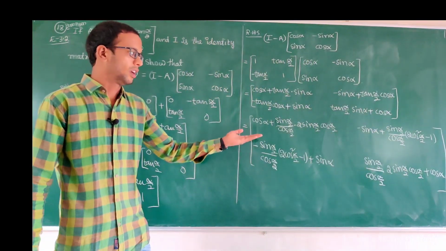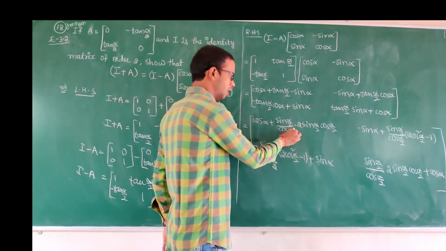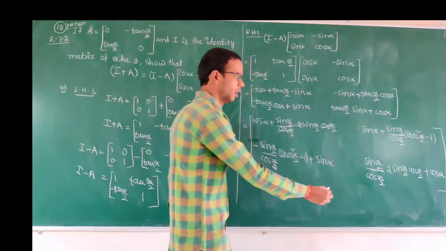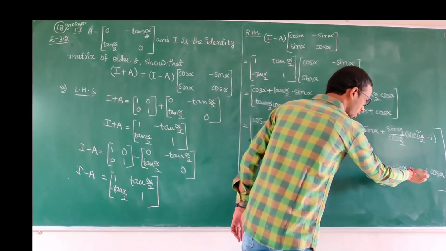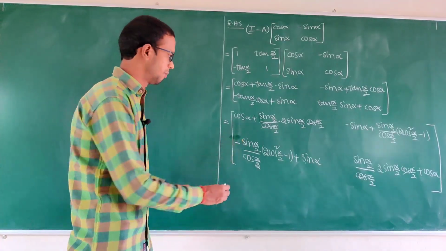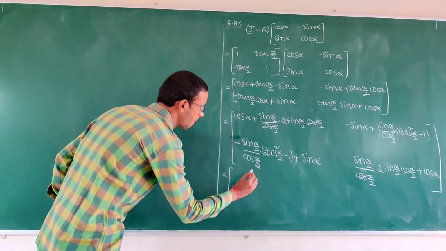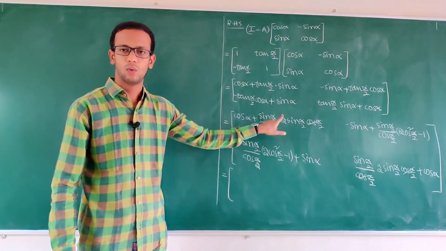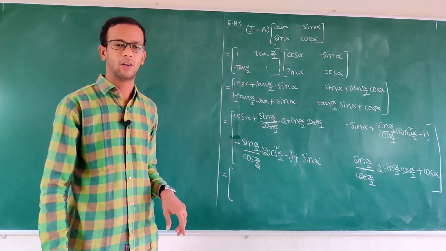So now totally it is not completed, the continuation is still there. Cos alpha by 2 cancels here. Next, here also cos alpha by 2 cancels. Next simplification: cos alpha is there, here 2 sin square alpha by 2 we will get.